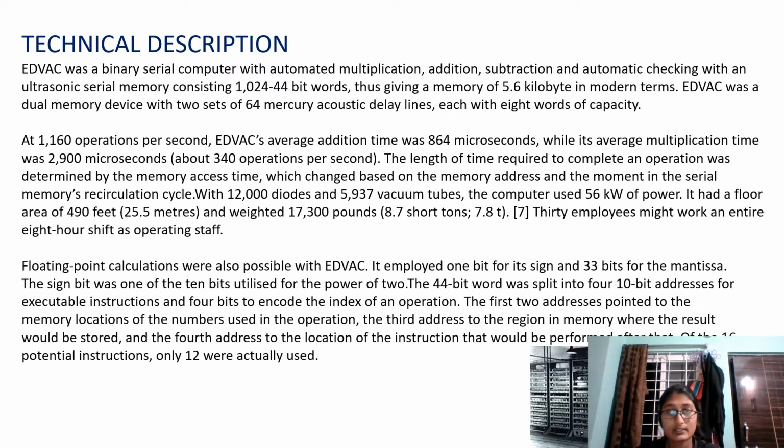In modern terms, EDVAC was a dual device with two sets of 64 mercury acoustic delay lines, each with 8 words of capacity.